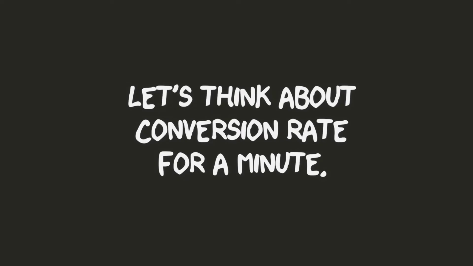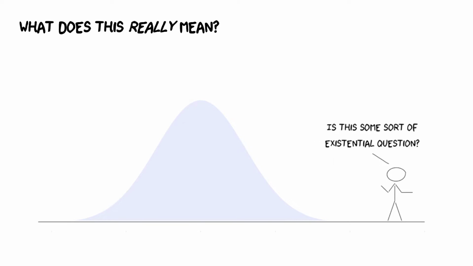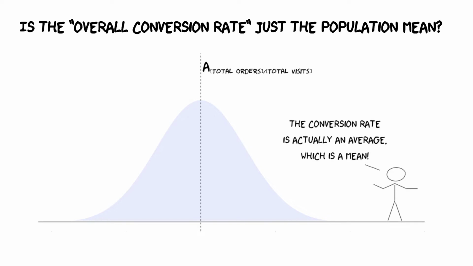So let's think about conversion rate just for a minute. Let's go back to our single distribution. If we think about conversion rate, we start realizing, how does that become a distribution? What does it really mean to have a conversion rate or the distribution of a population of conversion rates?